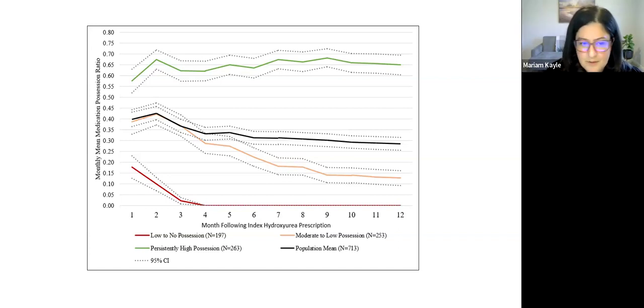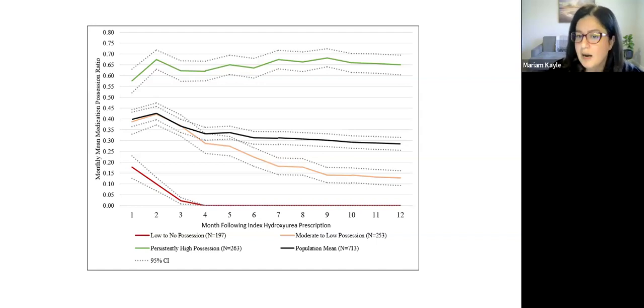The best fit model was a 3-group model where patients in the green group, for example, and that was 263 patients, so about a third of the patient population, had relatively high medication possession. So throughout the 12 months, each month, they filled their prescription about 60% to 70% of the time.